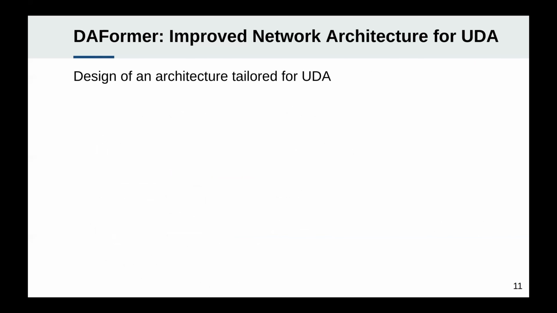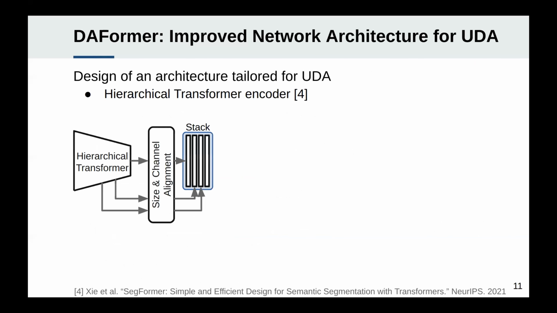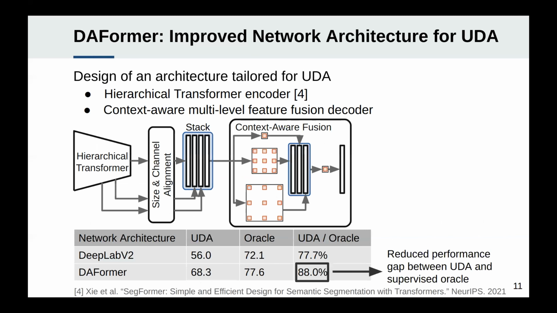For that, we benchmarked different architecture components, and we found two important things. The first one is a hierarchical transformer encoder, which generates more domain-robust features, which is quite useful for domain adaptation. The second aspect is context-aware multi-level feature fusion.